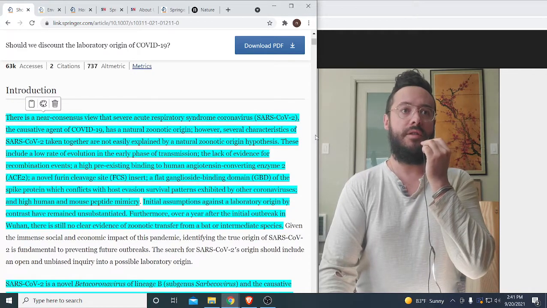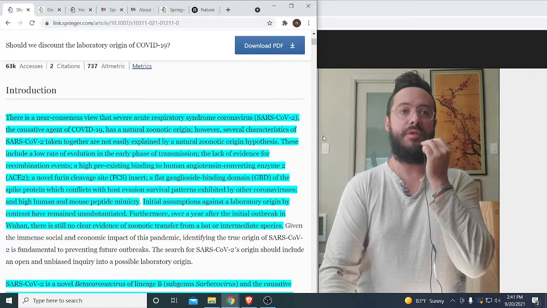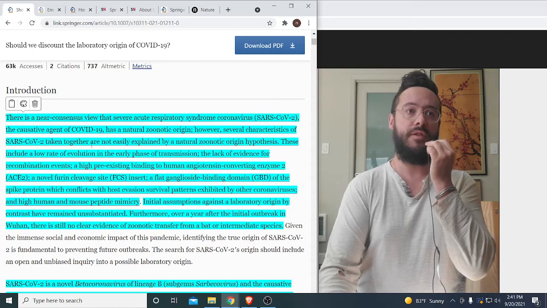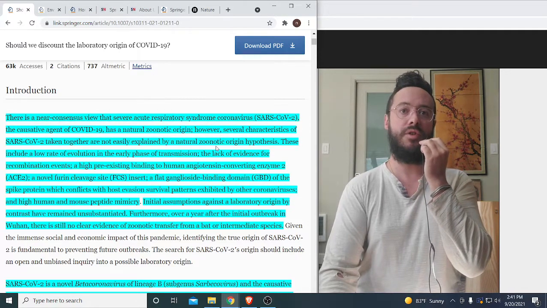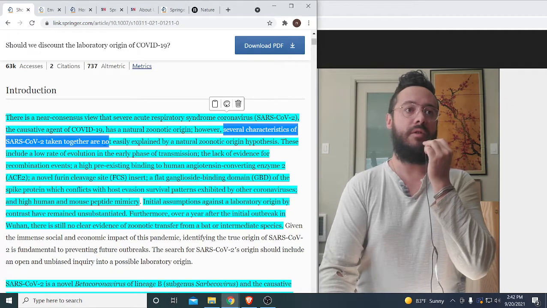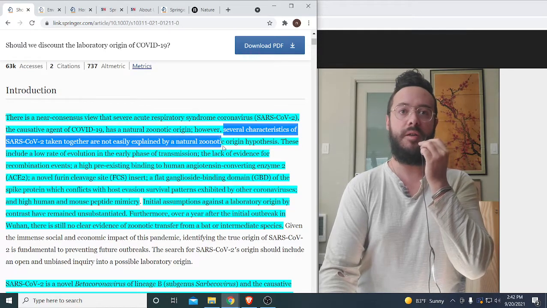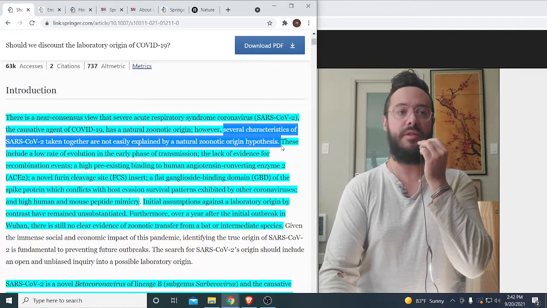There is a near consensus view that severe acute respiratory syndrome coronavirus, the causative agent of COVID-19, has a natural zoonotic origin. However, several characteristics of the SARS-CoV-2 taken together are not easily explained by the zoonotic origin hypothesis.